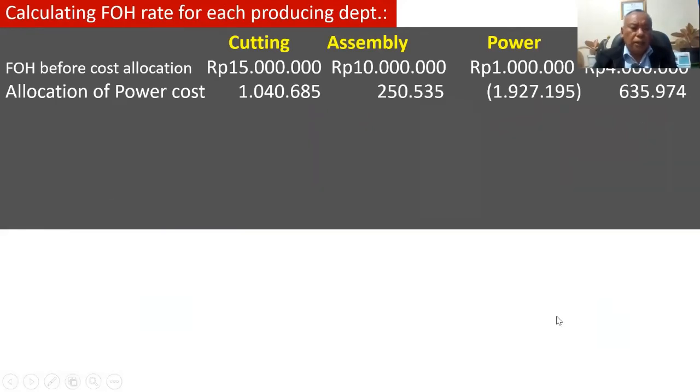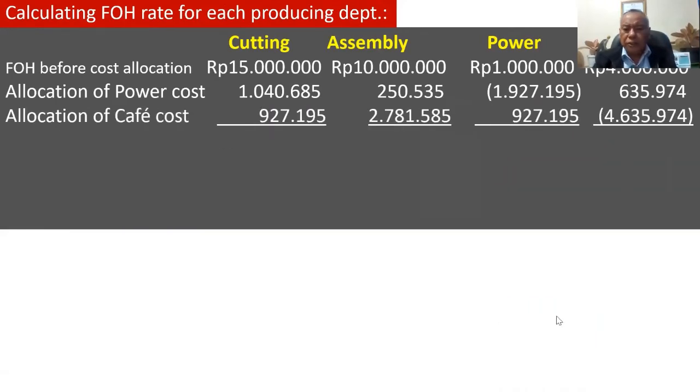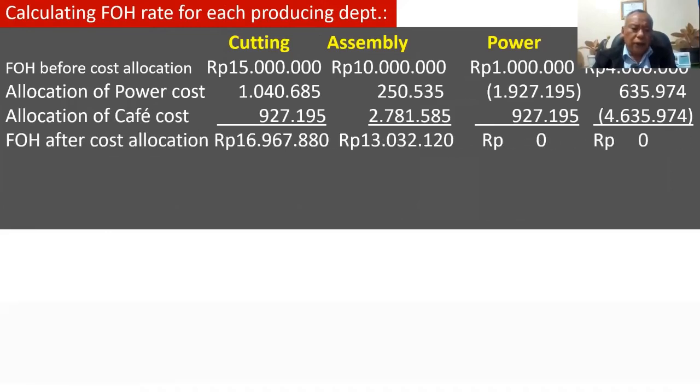And then the allocation of cafe costs to cutting, assembly, and power. So in this case, we can see there is allocation to each other between the service departments. And then we get the total factory overhead after service department cost allocation. After allocation, the power and cafe must be zero, because their cost has been allocated to the producing departments.